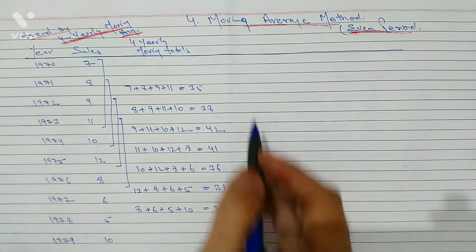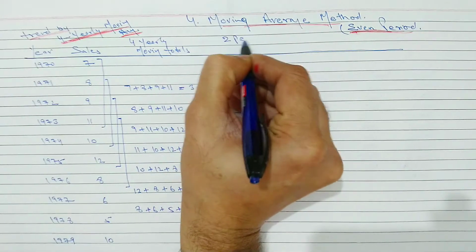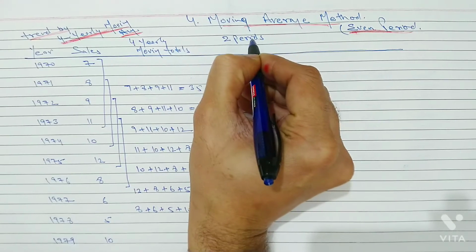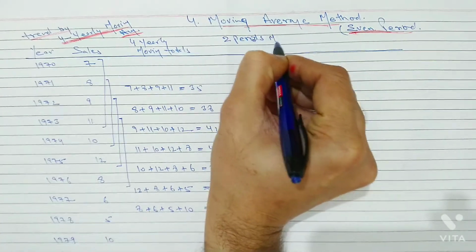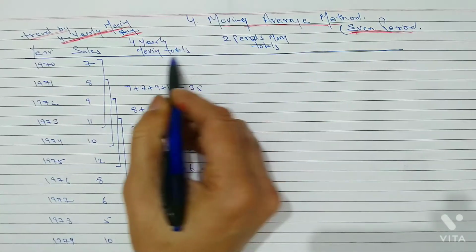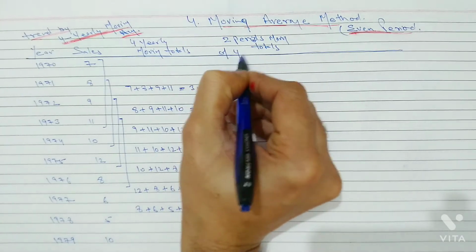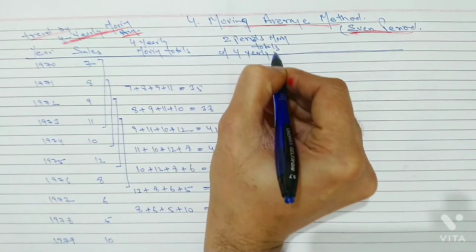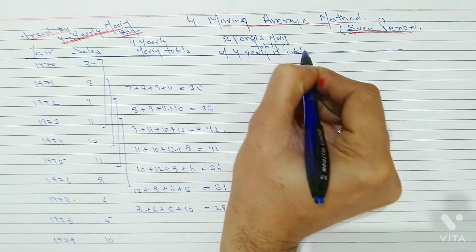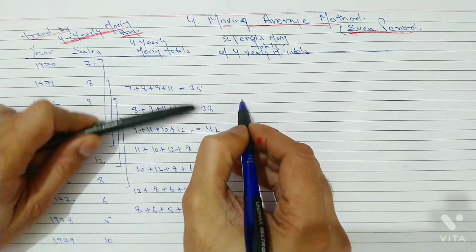Now next step in even case is 2 period moving total. 2 period moving totals of 4 yearly moving totals. First one is 35 plus 38.